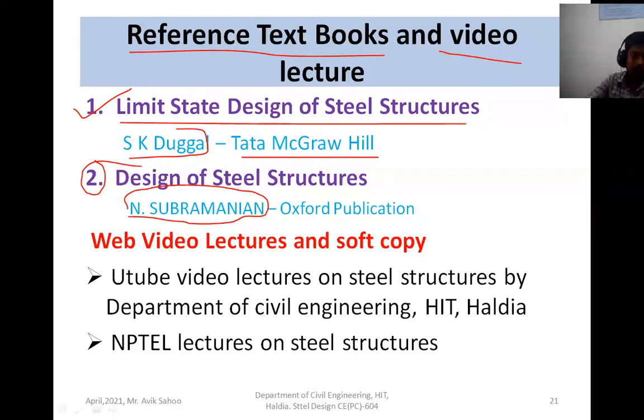A lot of books are available in steel design based on the working stress method. Don't purchase those books which are designed using the working stress method.